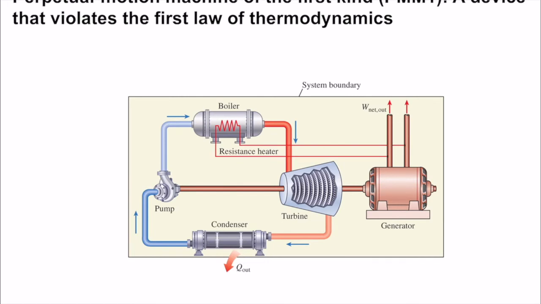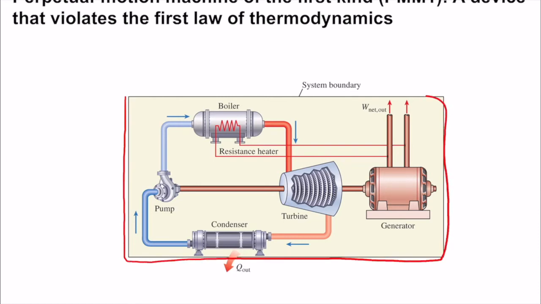So let's do the first law of thermodynamics analysis. Again, if we take the entire system, including everything, as our system, then we have one work output across the boundary, and we have one heat out across the boundary.